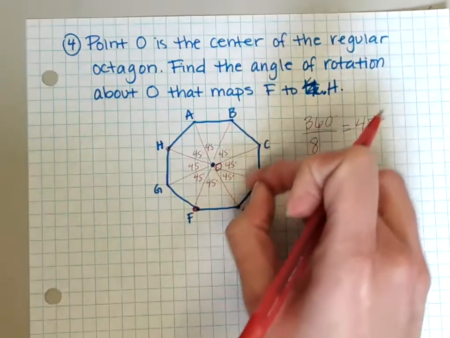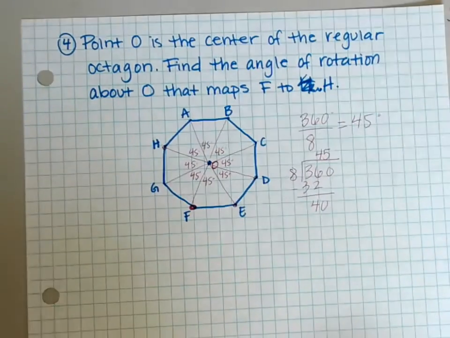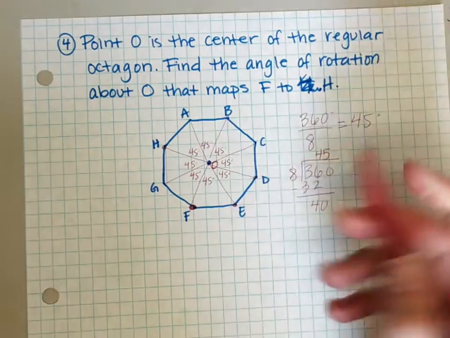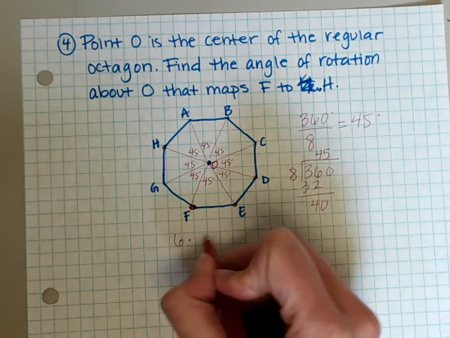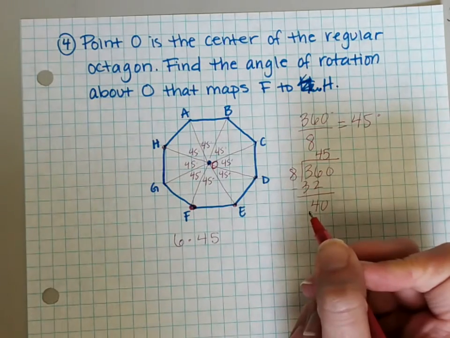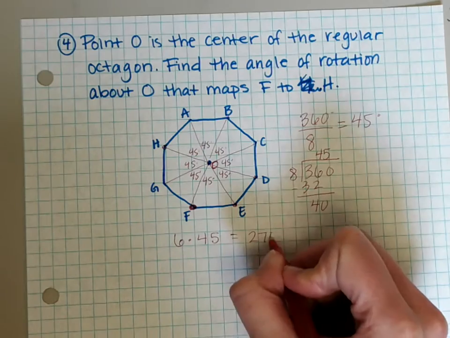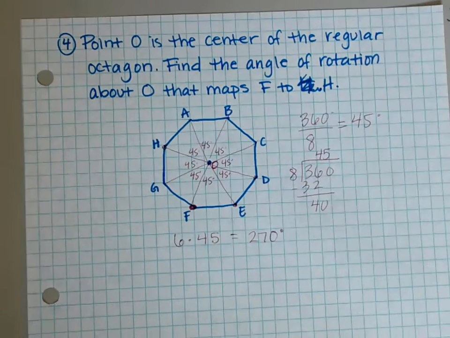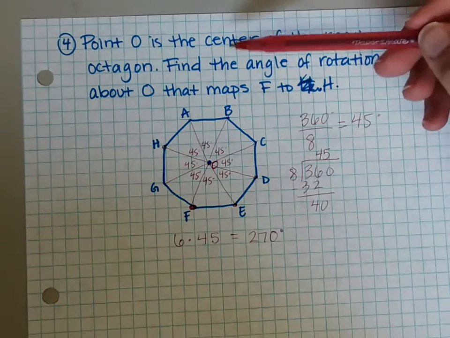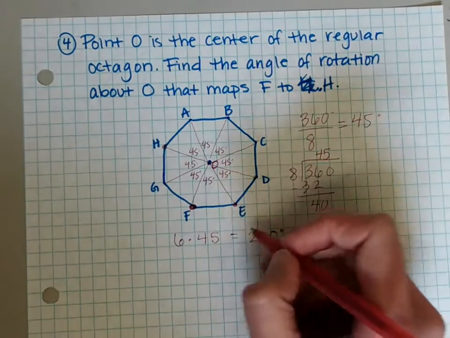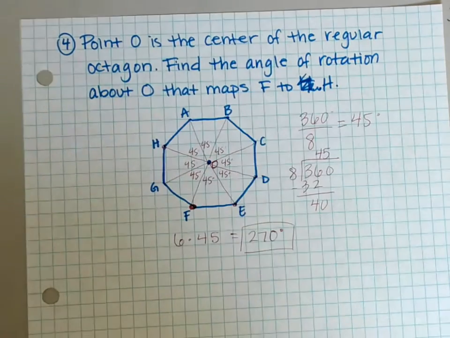We've rotated 6 times around this figure to land on H. And if each rotation is 45 degrees, then we do 6 times 45, which would equal 270 degrees. So it asks, find the angle of rotation about O that maps F to H. 270 degrees would be the angle of rotation.